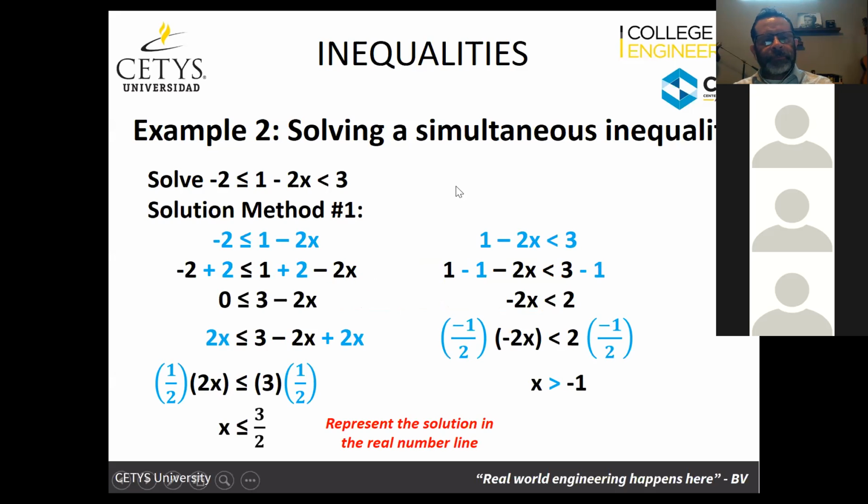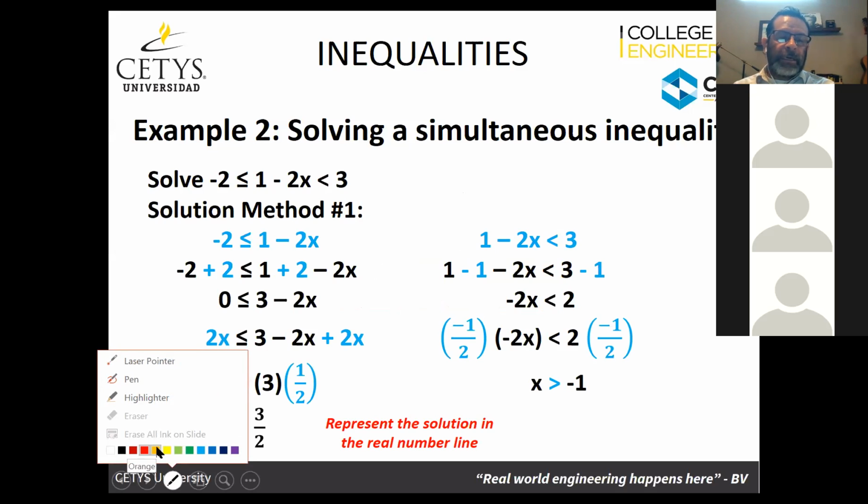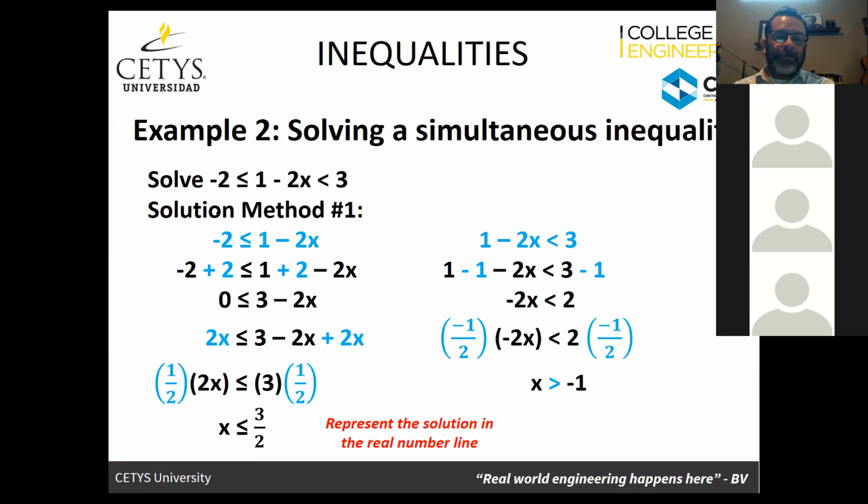Okay, so the first solution method is that we are going to separate the expressions into two inequalities. So we're going to have a first inequality that we're going to say is this one, and we're going to bring this one over here.